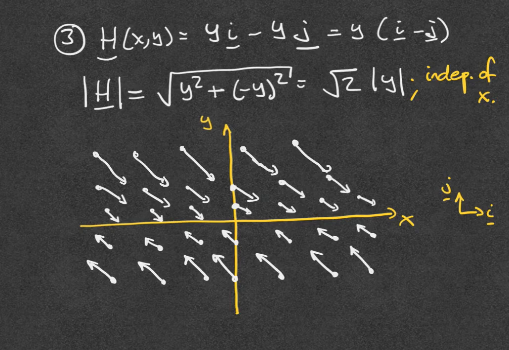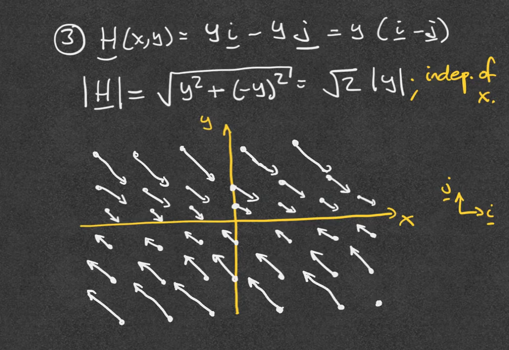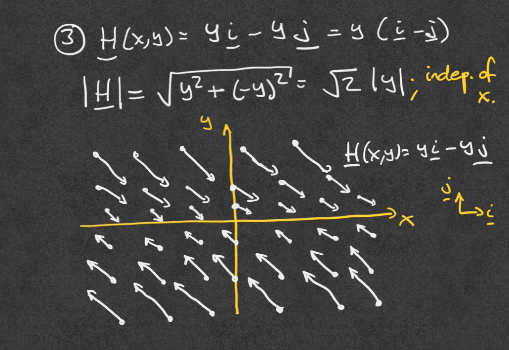Any failure is my lack of artistic ability. And these lines here are, I hope I'm drawing them clearly, longer than the lines above. And that is our vector field, h of x and y, which is yi minus yj.